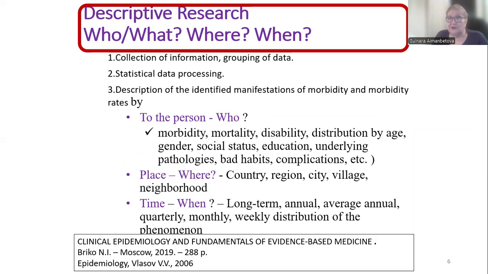Collection of information, grouping of data, statistical data processing, description of the identified manifestations of morbidity and mortality related to the person: who, morbidity, mortality, disability, distribution by age, gender, social status, education, underlying pathologies, bad habits, complications.